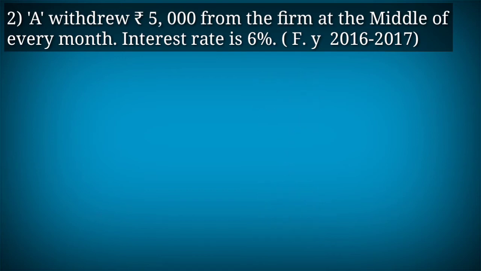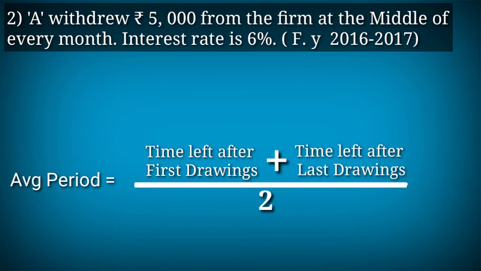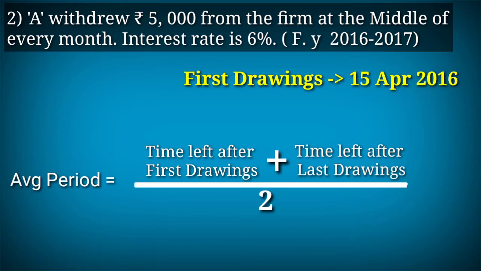Here in this case, first of all, we need to calculate the average period. Average period we can calculate by time left after first drawings plus time left after the last drawings divided by 2. Here first drawings is made on 15th April 2016.